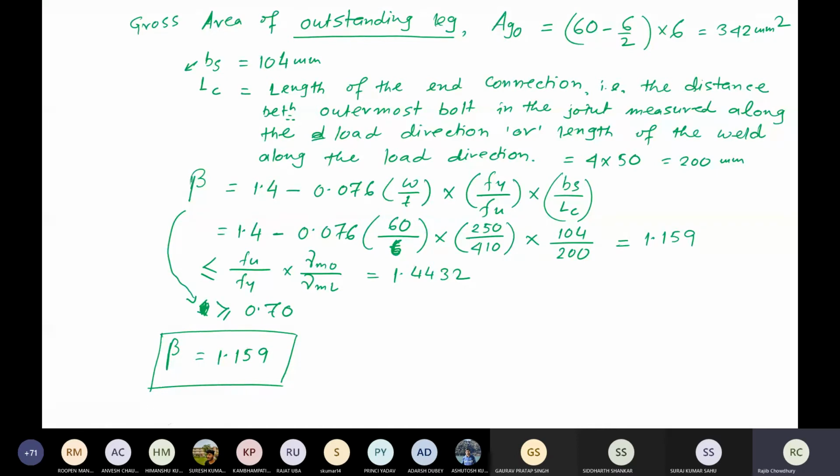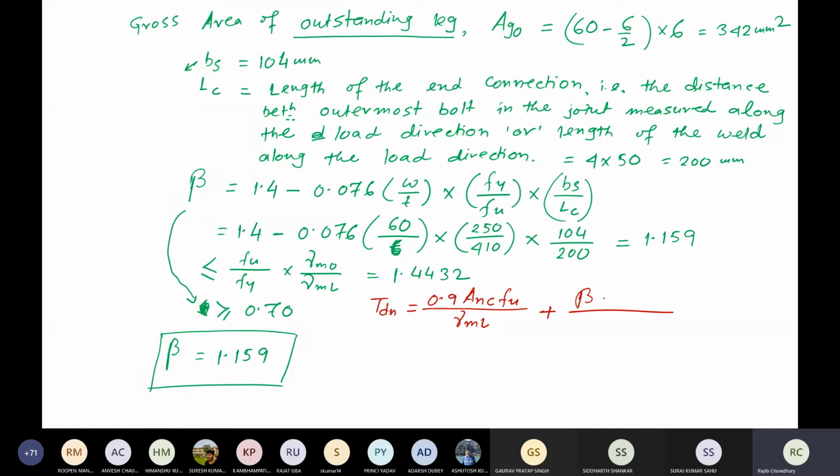Now I will employ the actual formula for finding the strength. So what is the formula? The formula is basically Tdn is equal to, there are two parts, 0.9 times Anc for the connected part multiplied by Fu divided by gamma m1, plus the unconnected part.